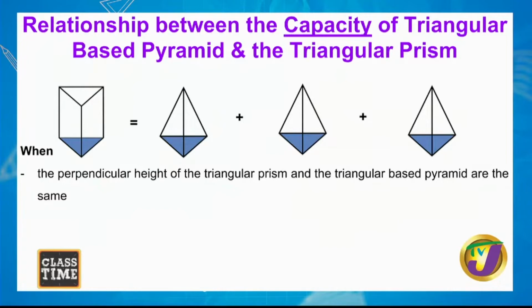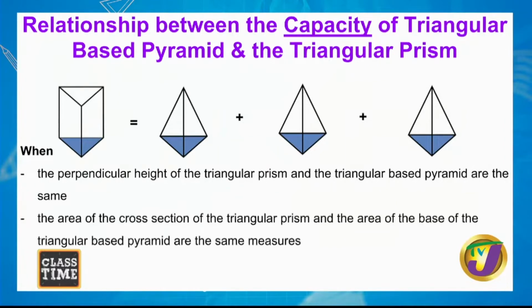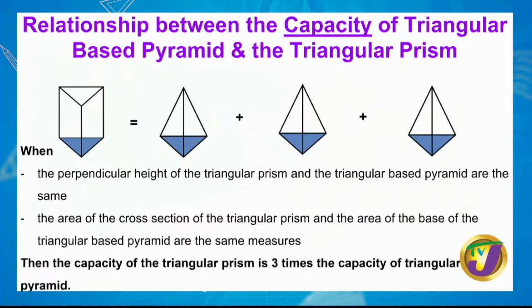Definitely. So, when the perpendicular height of the triangular prism and the triangular-based pyramid are the same, that's one condition. Condition 2, the area of the cross-section of the triangular prism and the area of the base of the triangular-based pyramid are the same measures, then the capacity of the triangular prism is 3 times the capacity of the triangular-based pyramid.